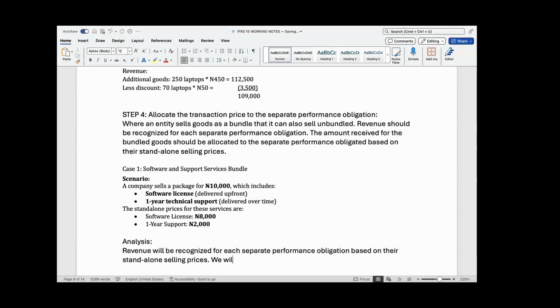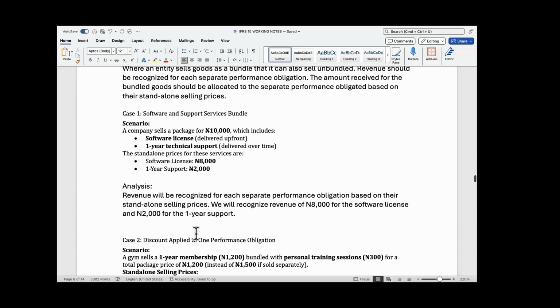So we will recognize revenue of 8,000 for the software license and 2,000 for the 1 year support. We would separate it. We need to see them separately.